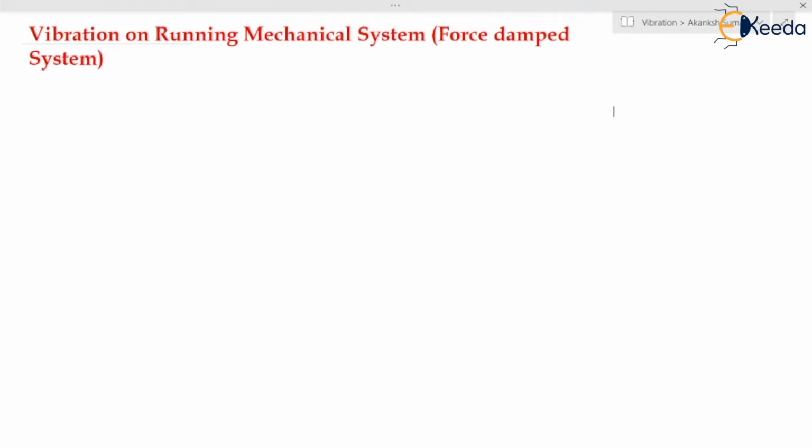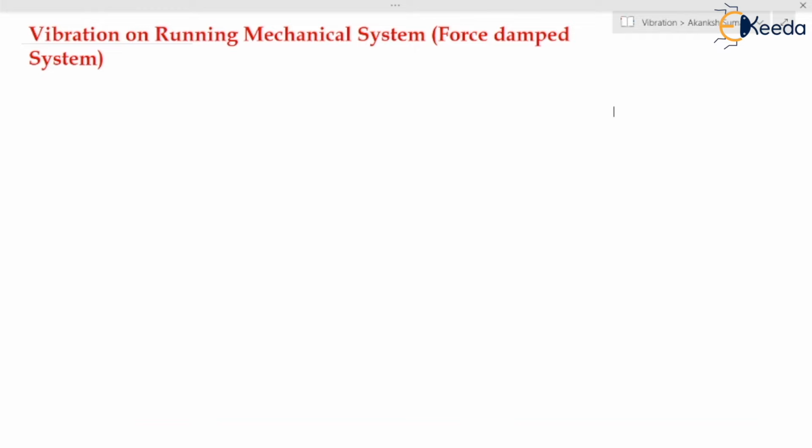But as we study about the damped system, we have considered kinetic frictions. But in case of force damped system, we will consider kinetic frictions as well as unbalanced forces. So basically, this is the vibrations on the running mechanical system.